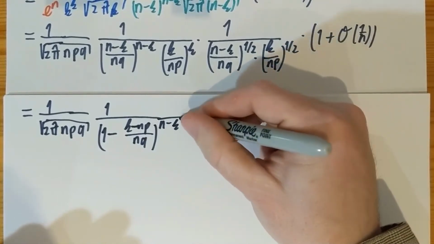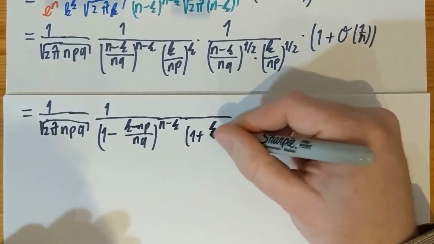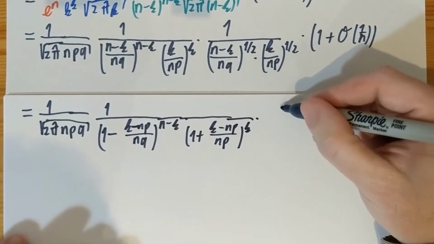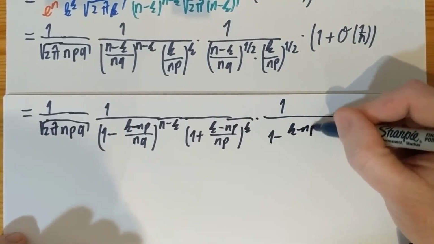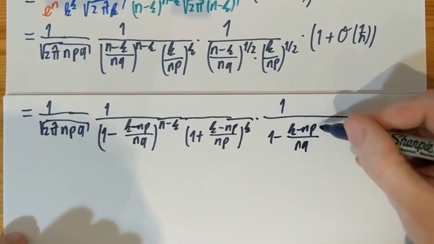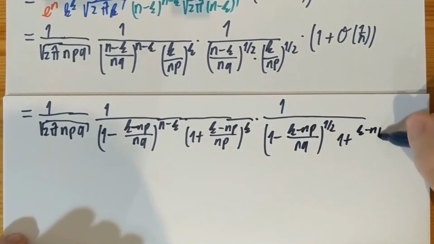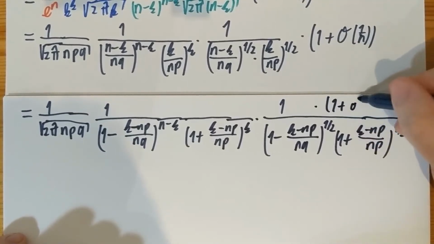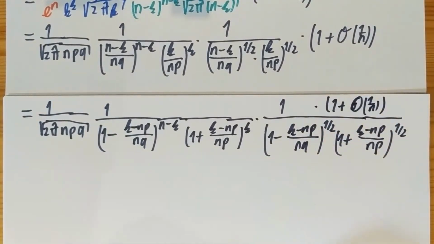The second part of this I rewrite as (1 plus (k minus np) over np), and this is raised to the power k, and then do the same on the other side, on this other term. 1 minus (k minus np) over nq raised to the 1/2, and 1 plus (k minus np) over np raised to the 1/2, and the error term 1 plus big O of 1 over n.